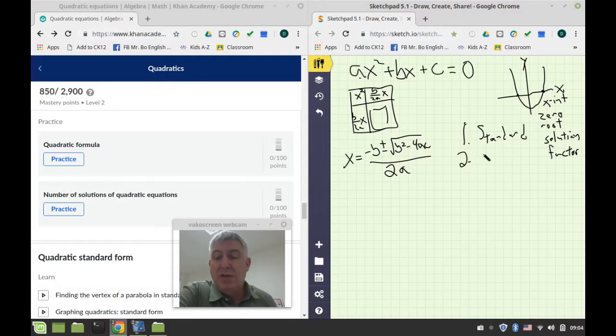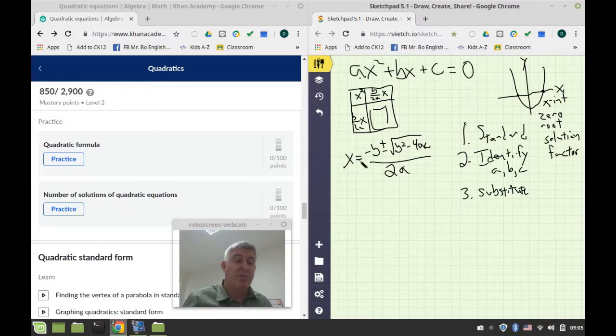Then 2, we will need to identify a, b, and c, and then 3, we'll substitute into our quadratic formula over here to find out and solve for x. So that's basically the way we're going to do it. So let's get started.